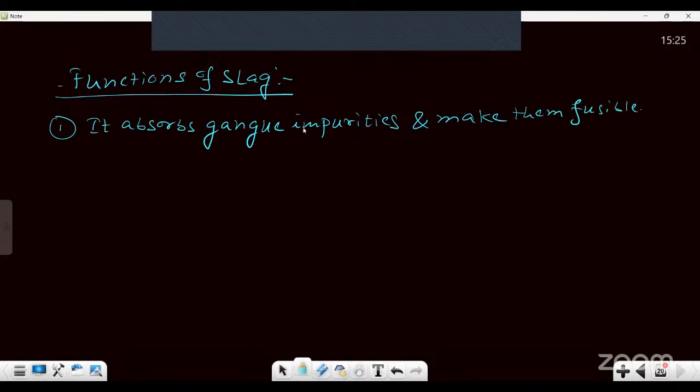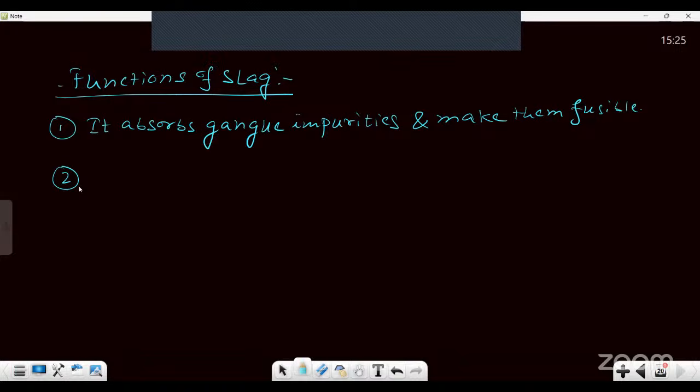Apart from that, it prevents oxidation of the metal. The slag is also preventing oxidation of the metal, because slag is covering the melt. So the melt is not coming in direct contact with the oxygen. Like that, it is preventing the oxidation of the metal.